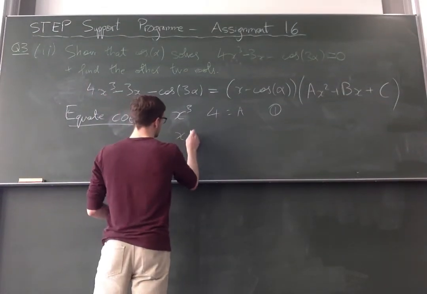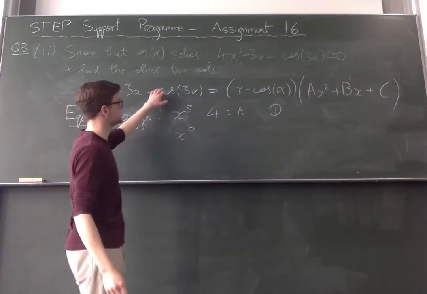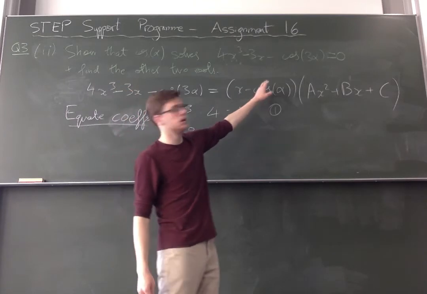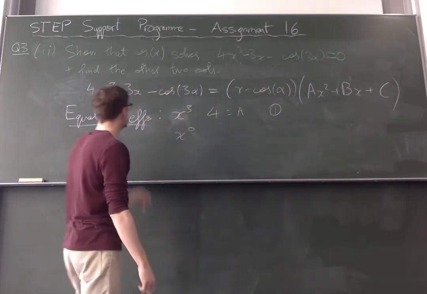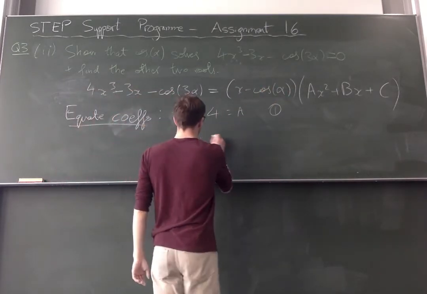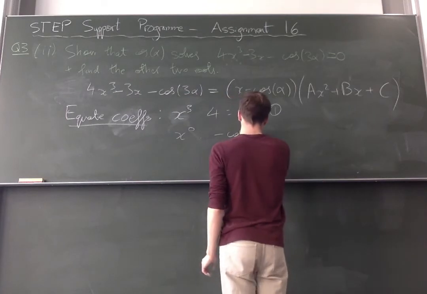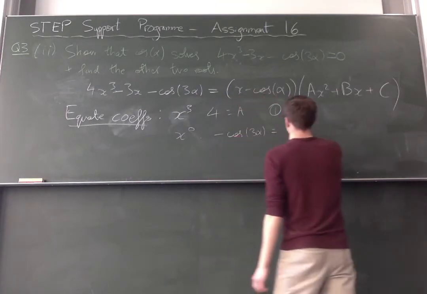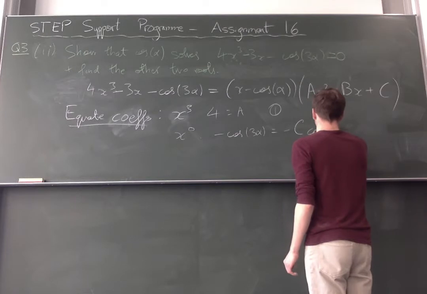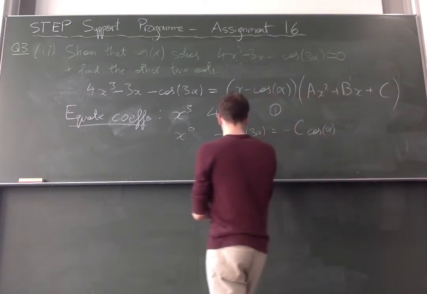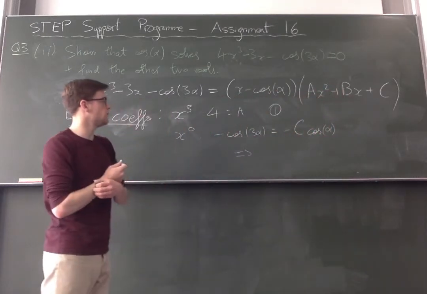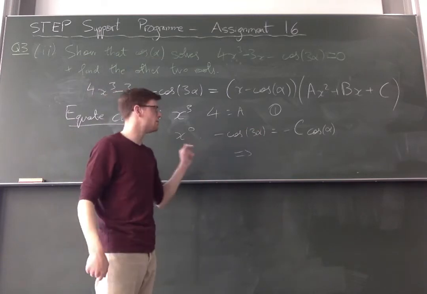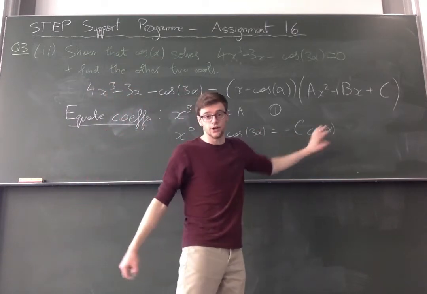Now let's do the constant term, because again there's only one way of getting it from over here: minus cos alpha times C. On the left hand side I've got minus cos 3 alpha, and on the right hand side I've got minus C cos alpha. Now, we know what cos 3 alpha is. Even better, we know it in terms of cos alpha.